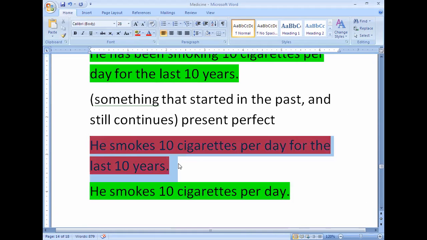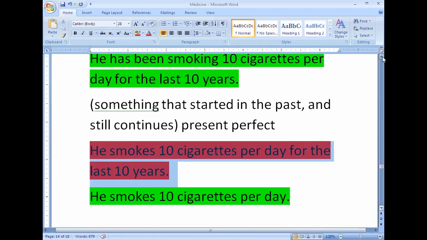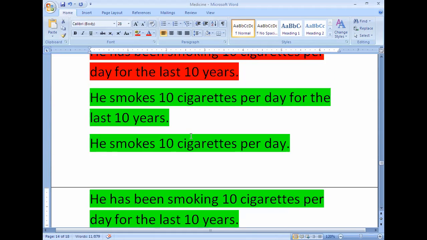Why is it wrong here? Miss Tatiana, why is it green? Because it sounds correct, or because it is grammatically correct? For the last 10 years, it's past.